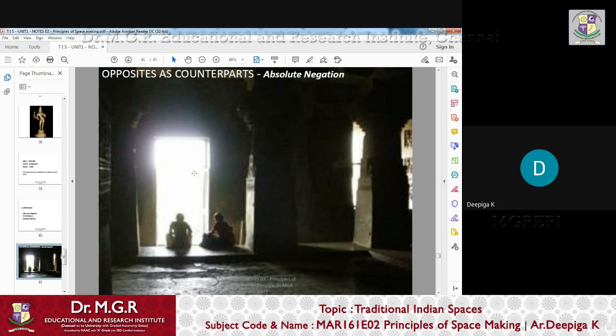So there might be no ornamentation on one particular building, but because of the lack of ornamentation, you also understand that ornamentation is not present, or maybe in one particular panel there is more ornamentation in that entire building, and the rest is left free. So this is an opposite. Here, it is about darkness and the light, or the enclosure and the void ahead, whereas it could be ornamentation and the lack of ornamentation as well.